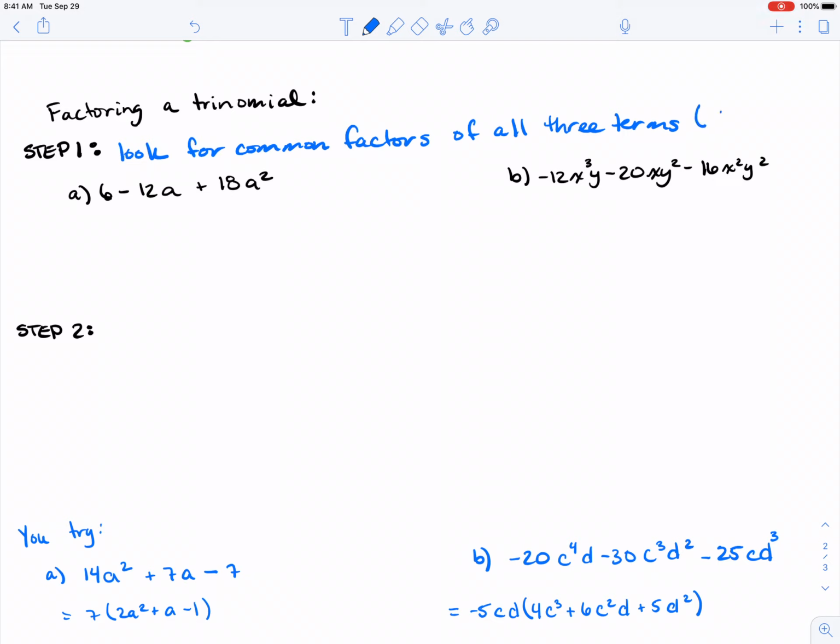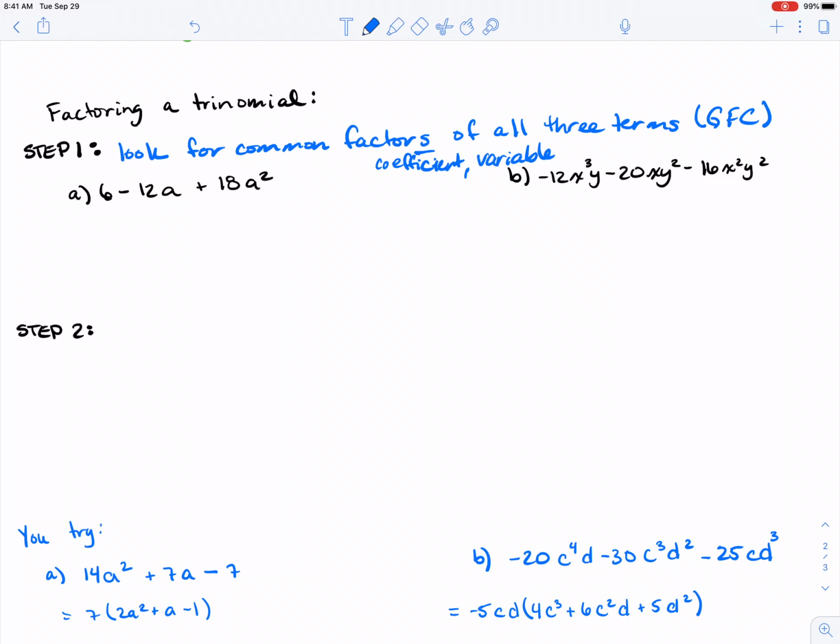So what you're looking for is basically the greatest common factor amongst the three terms. Now we say factors because we're looking at both the coefficient and the variable. So is there common variables? Is there common coefficients that can factor into all 3 terms?